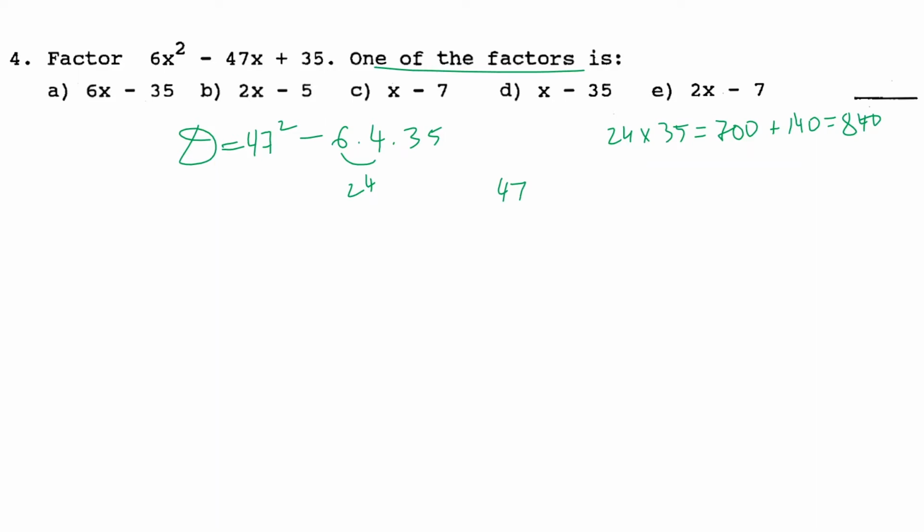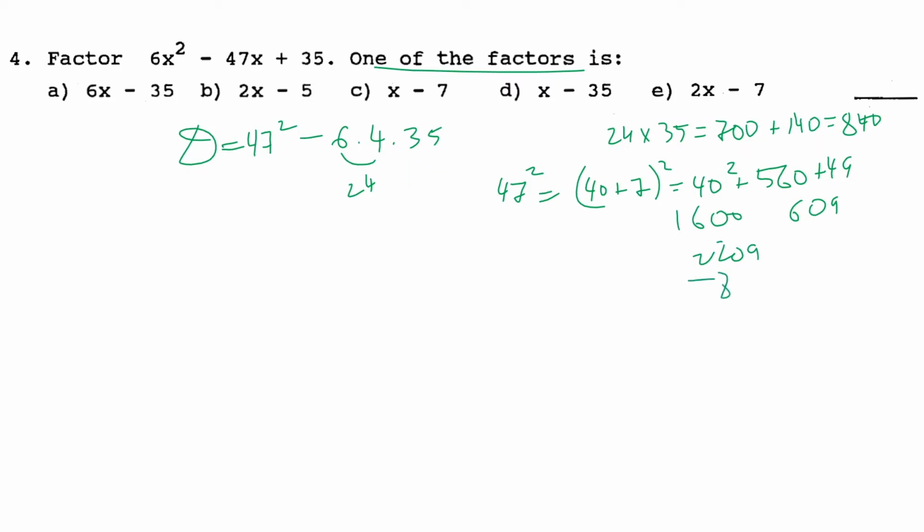47 squared. I'll do the trick here just because I don't want to use a calculator. So it's 40 squared plus 560 plus 49. So that's 2209 minus 840. All right, so that's going to be 1369.